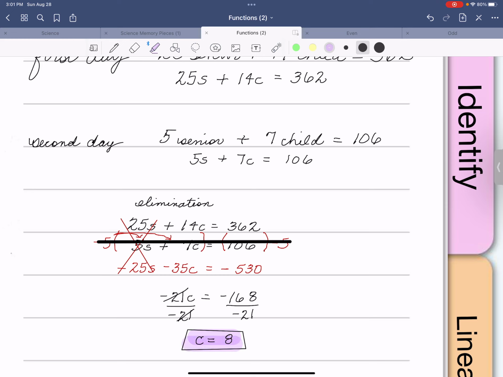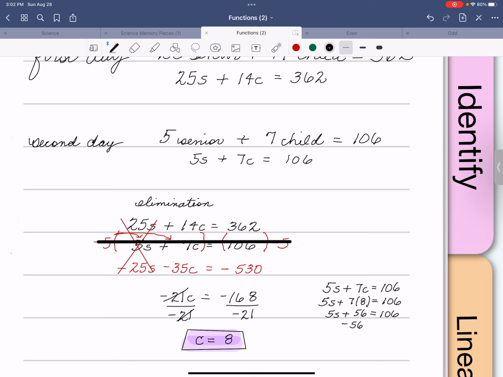All right. Now we need to find out the senior ticket because the solution to a system is a point. So 5S plus 7C is 106. 5S plus 7 times 8 is 106. 5S plus 56 is 106.